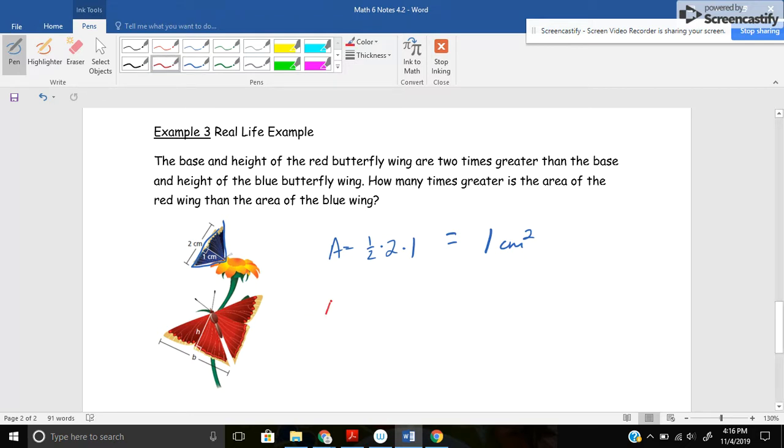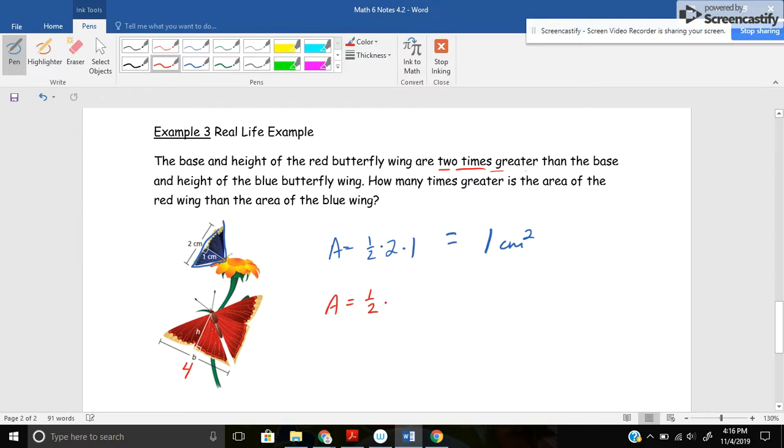And the red one, we'll do something similar. Half times the base of the red one. Well, we don't know the base of the red one, do we? But what do we know? It tells us the base and the height of the red butterfly wing are 2 times greater than the base and the height of the blue. So 2 times this base, 2 times 2 would give me 4 for this base.